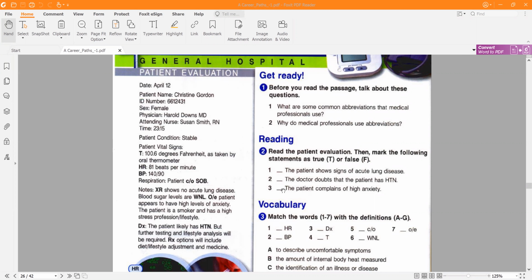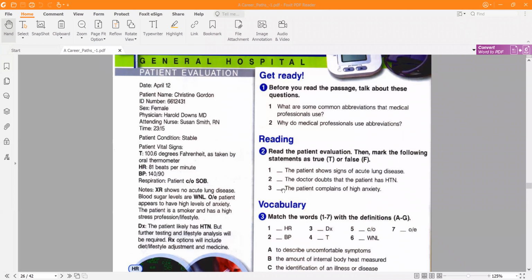HR, 81 beats per minute. BP, 140/90. Respiration, patient CO-SOB. Notes, XR shows no acute lung disease. Blood sugar levels are WNL. OE patient appears to have high levels of anxiety. The patient is a smoker and has a high stress profession/lifestyle. DX. The patient likely has HTN, but further testing and lifestyle analysis will be required. RX options will include diet/lifestyle adjustment and medicine.